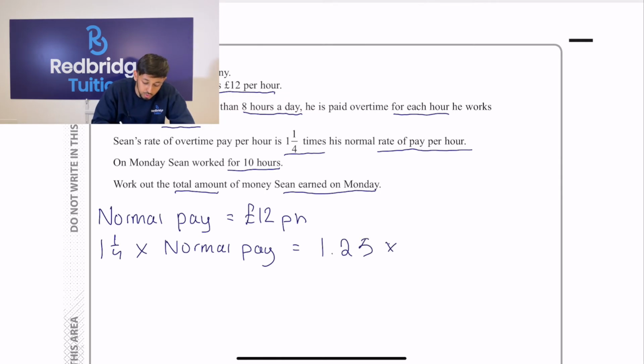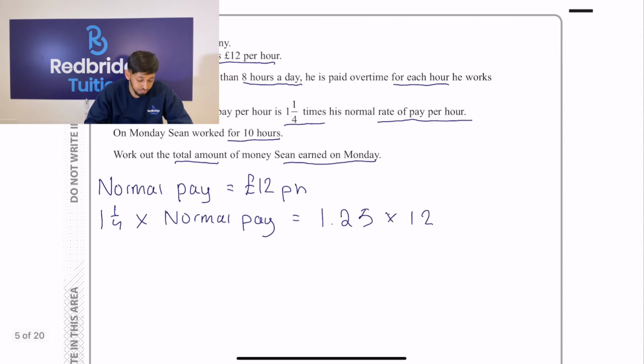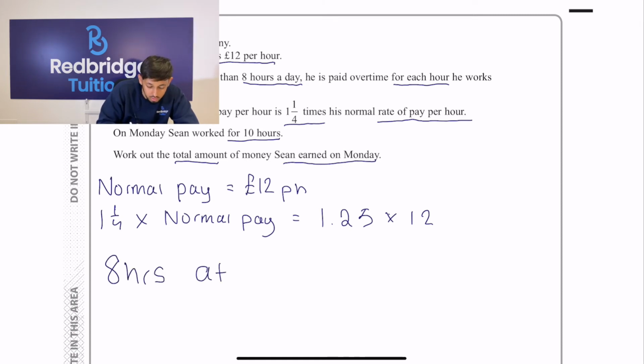times 12. So altogether, on Monday, Sean worked for 10 hours. For his normal rate, he would be paid at £12 an hour for the first 8 hours. So we can write down here that he works 8 hours at £12 per hour.